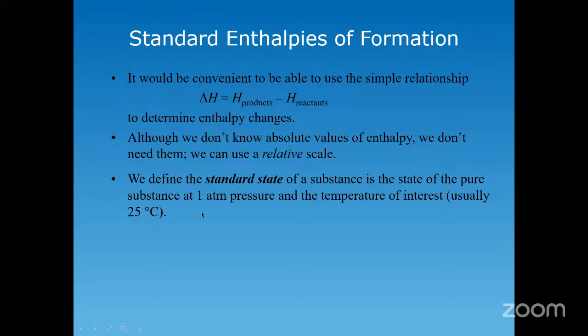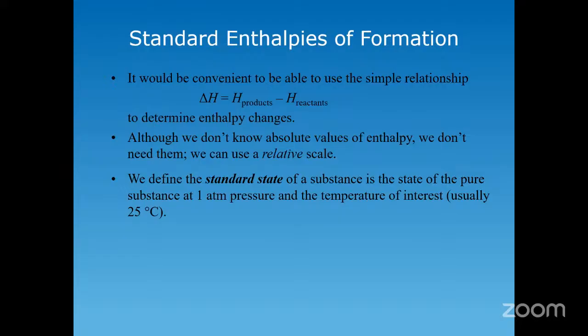That's because delta H here, definitionally speaking, is the enthalpy of products minus enthalpy of reactants, right? That's the definition of enthalpy change. However, it is impossible to determine the enthalpy of anything by itself. So basically, we have to use what is called a relative scale, which means that we have to adopt standard states of substances in order to determine accurately delta H values and make comparisons.